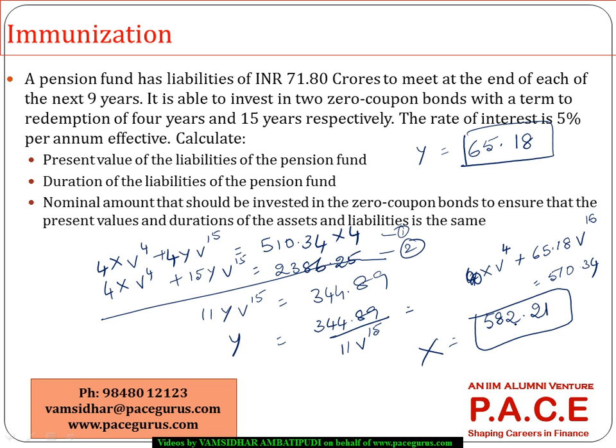The investment should be 582.21 crores in a 4-year zero coupon bond and 65.18 crores of face value in a 15-year zero coupon bond. This will make sure that the present value of the assets is equal to the present value of the liabilities, as well as the duration of the assets being equal to the duration of the liabilities. Alright.